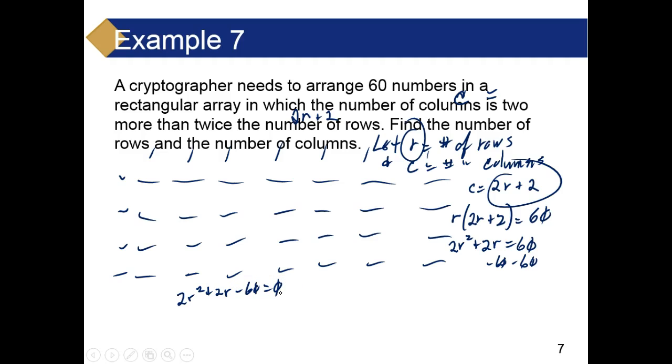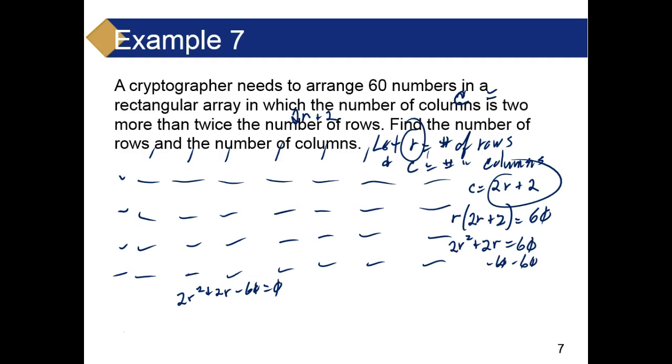Is there anything you see you might want to do first? No like terms. See what number goes with each one of them. 2. Okay, what do you do with it? Ah, I like it.